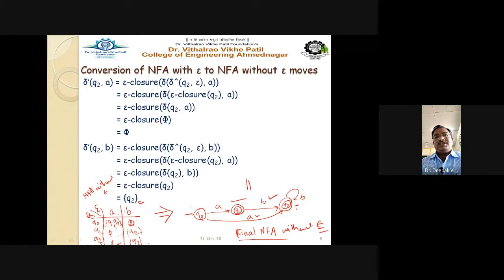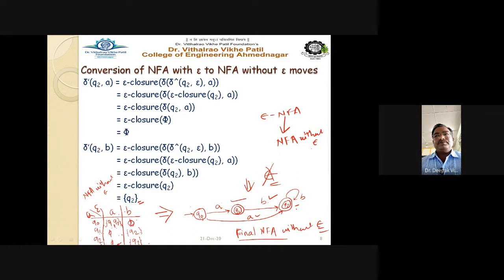See here, in this diagram no epsilon transition is there. All the epsilon transitions are removed, and instead of epsilon transitions, we have transitions on A and B. That is the method of converting an ENFA to a simple NFA without epsilon.